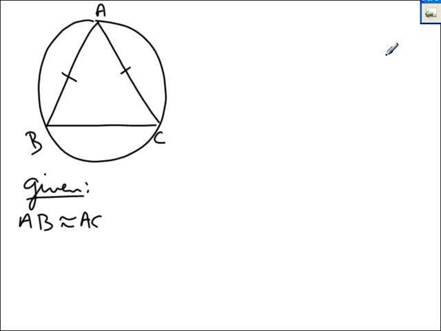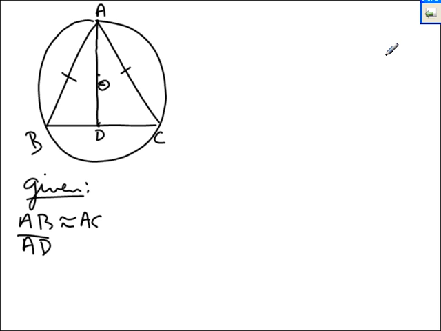And let us just call the center O. Let us have from A, let's go through O straight down. Call this point of intersection D.